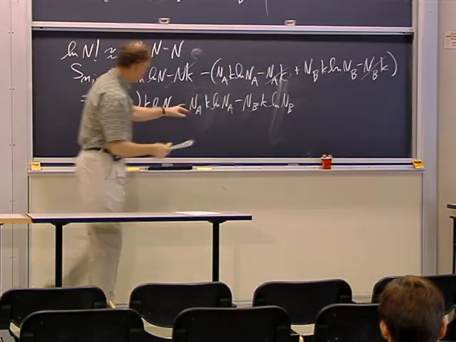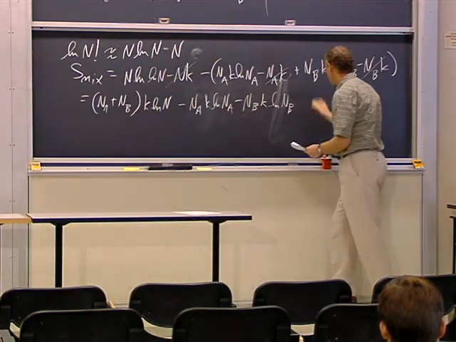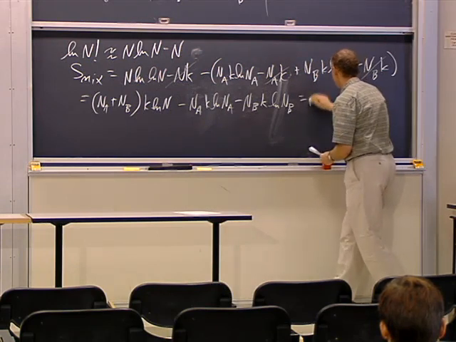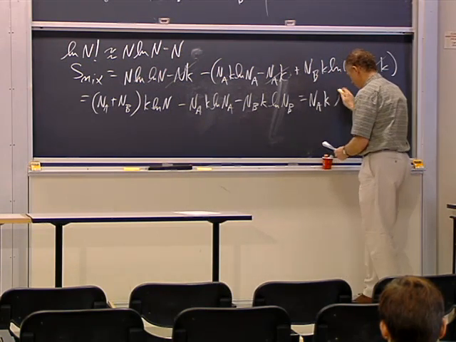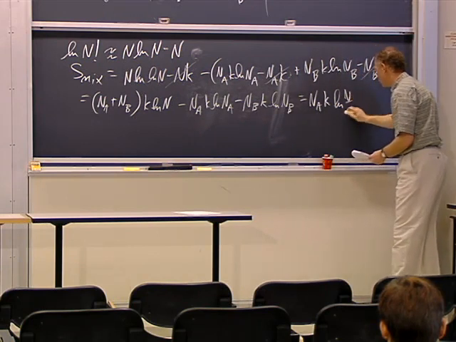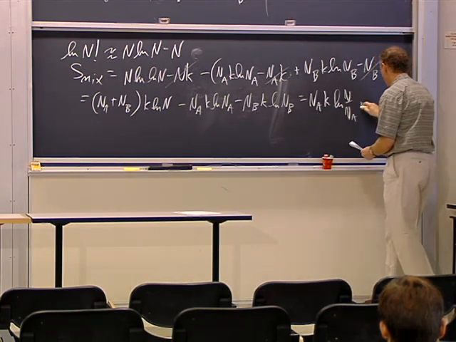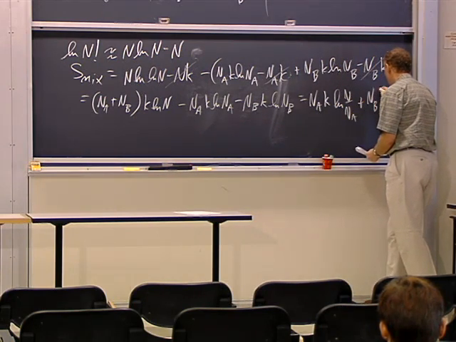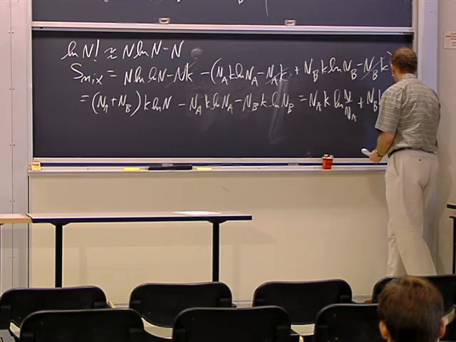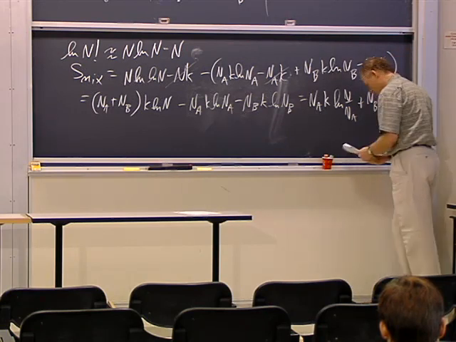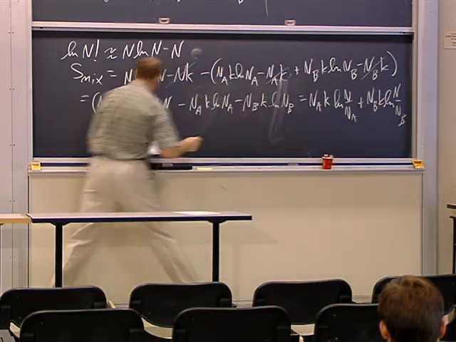And now I just want to combine the easily combined terms. So it's na k log n over na plus nb k log n over nb. Looks like we're home. Right?